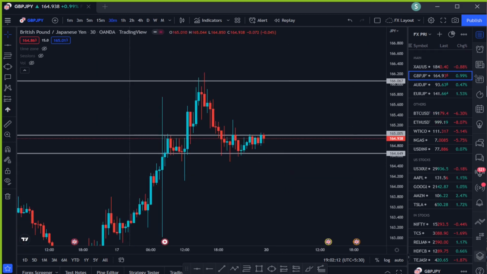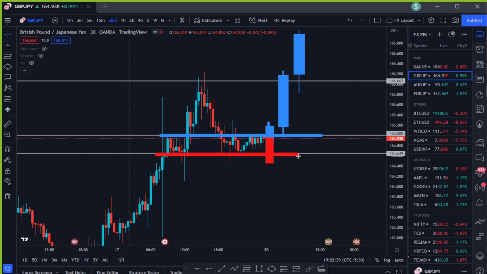So what are we expecting on the 30-minute time frame? If we get a bullish candle closure above this resistance, something like this, then we can expect the price to make a bottom. We can move to the next resistance like this, and if we get a further close above that resistance, we can expect the price to move to the next resistance, something like that. If that doesn't happen, and if we get a bearish closure below this support, as you can see, this has been a support.